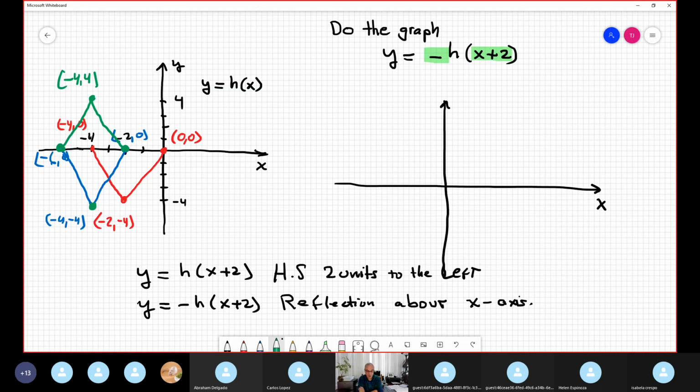So I transform it from the red graph to the blue graph, doing horizontal shift 2 units to the left. And finally, negative outside is reflection about the x-axis. The only thing, point by point, is change the sign of the y component, that is the second component. The point negative 4, comma, negative 4 is transformed to the point negative 4, comma, positive 4. And we connect it, and the rest of the points.